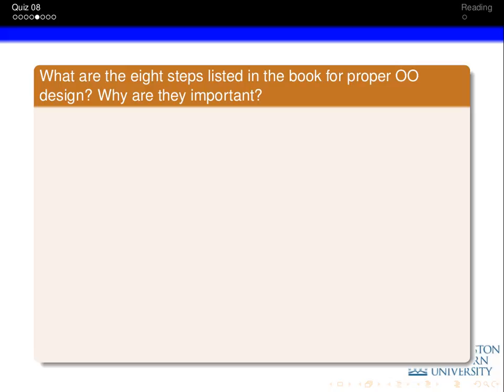Okay, we went over the 8 steps listed in the book for proper OO design. This is not the only way to do it, but it's definitely a good way to do it. So who remembers the 8 steps? Is one of them stub it out? One of them is stub it out. Divide and conquer?